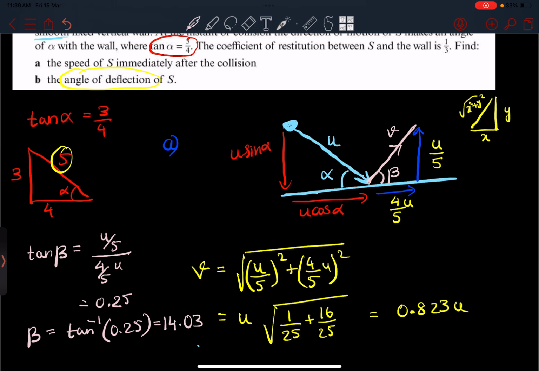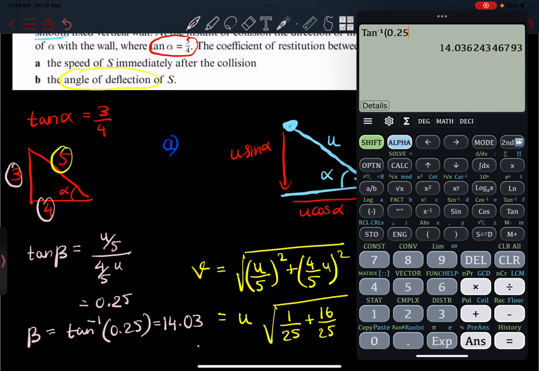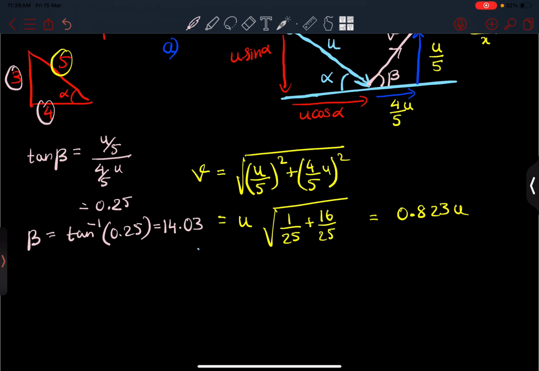And then the angle of approach will be tan inverse 3 over 4, which is 36.8, 36.9. Well, let's just take that to be 36.